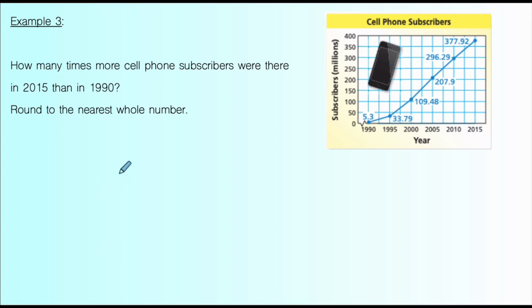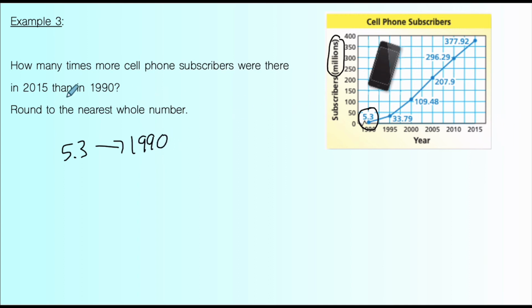So it's asking how many times more cell phone subscribers were there in 2015 than in 1990. So if you look at this chart over here, in 1990, it shows us that there was 5.3 million people who had a cell phone in their possession. So 5.3 in 1990.